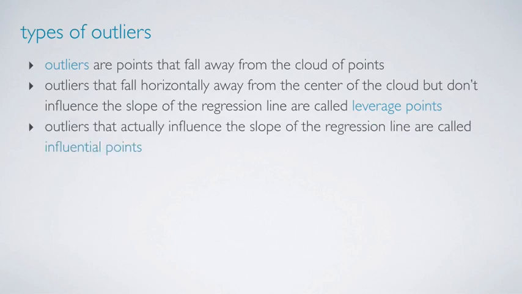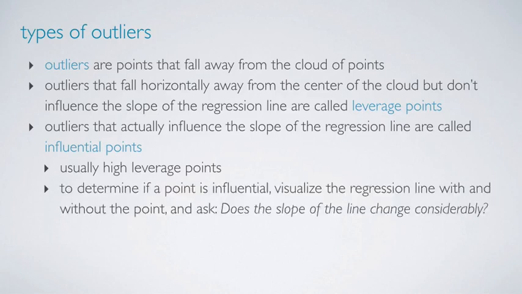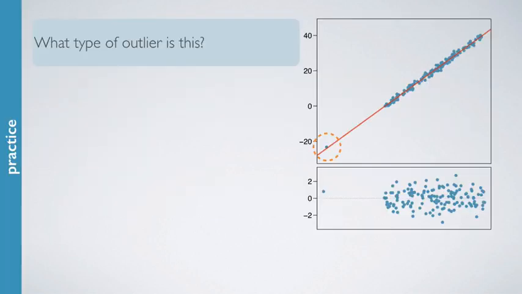And outliers that actually influence the slope of the regression line are called influential points. Usually, these points are high leverage points, and to determine if a point is influential, we want to visualize the regression line with and without the point and ask, does the slope of the line change considerably?